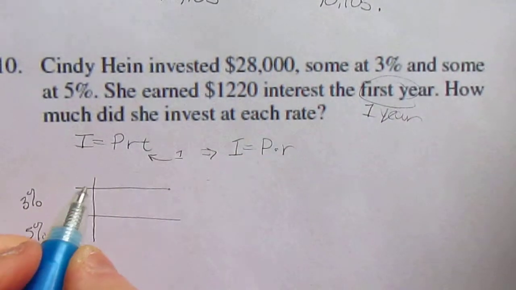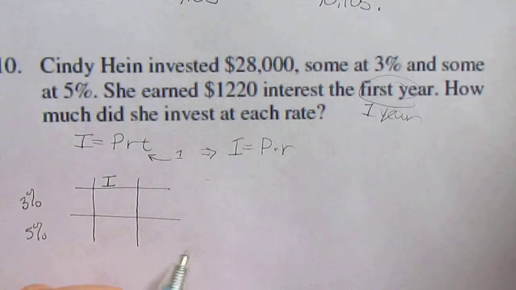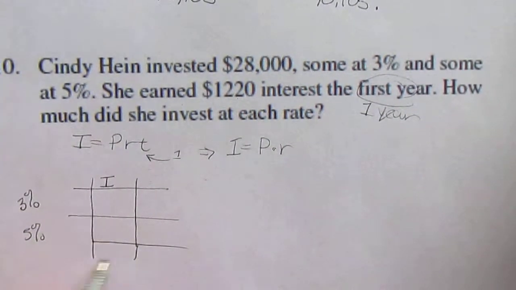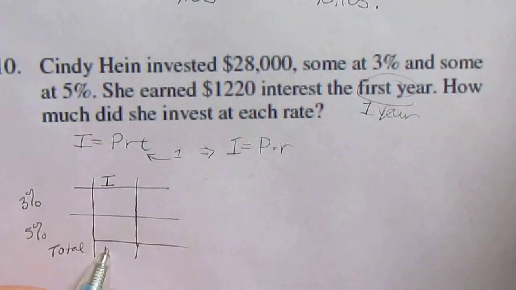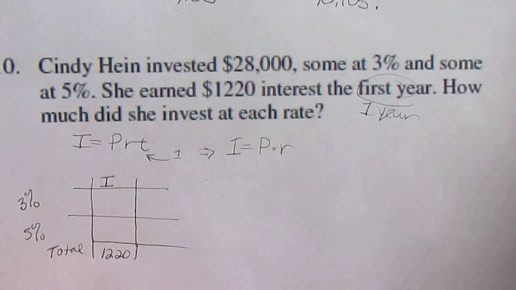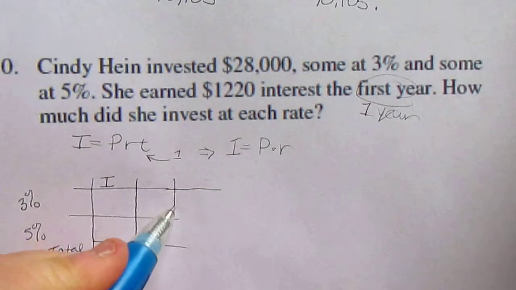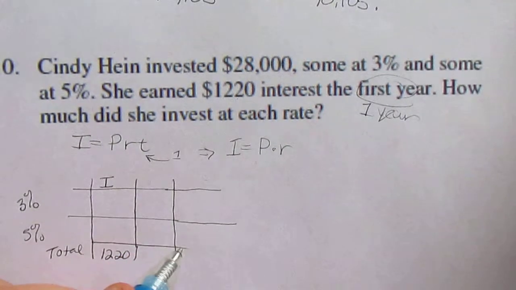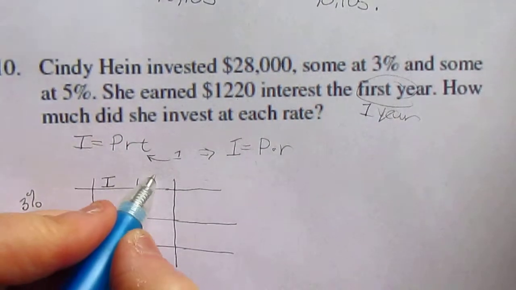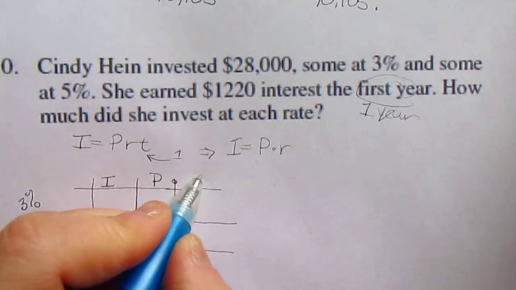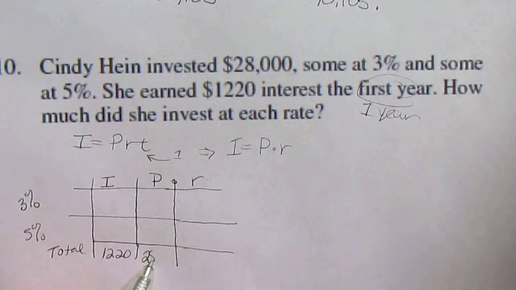So we're going to need an amount earned. We don't know each one, but we do know the total. The total amount she earned was $12.20. We do not know the principal amount she invested for each, but we do know the total.